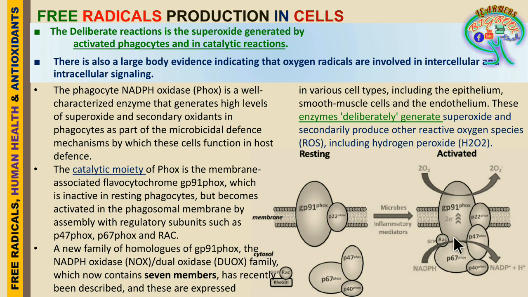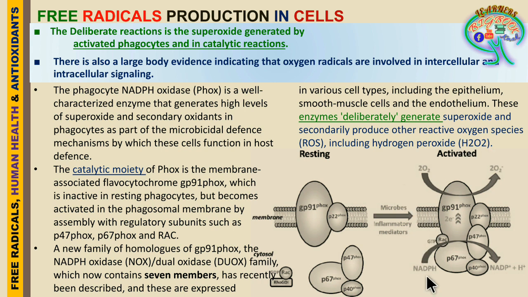Here you can see it makes the resting phagocyte an activated phagocyte. Because of this, it is going to be expressed in various cell types including the epithelium, smooth muscle cells and the endothelium. These enzymes deliberately generate superoxide and secondarily produce other reactive oxygen species including hydrogen peroxide.